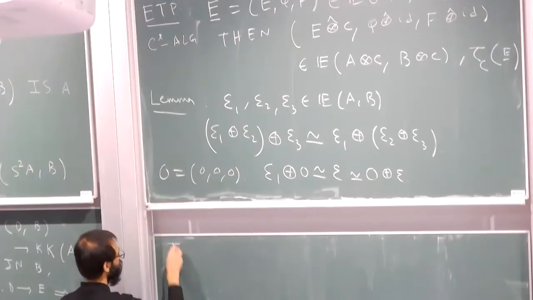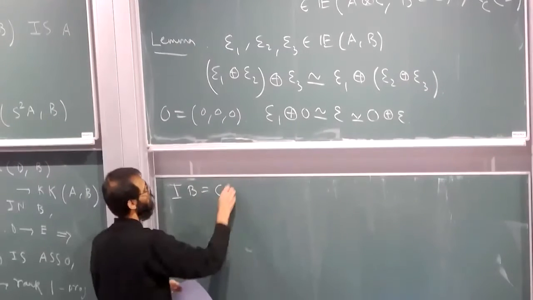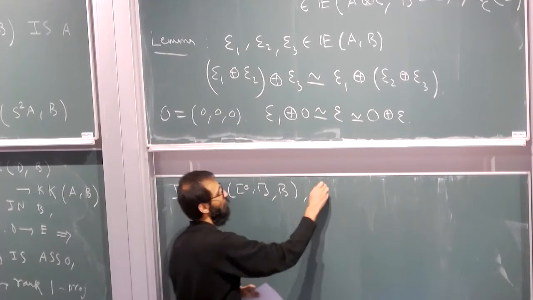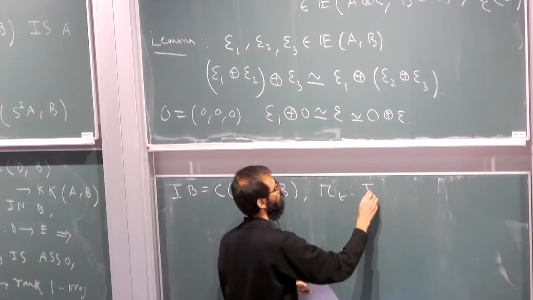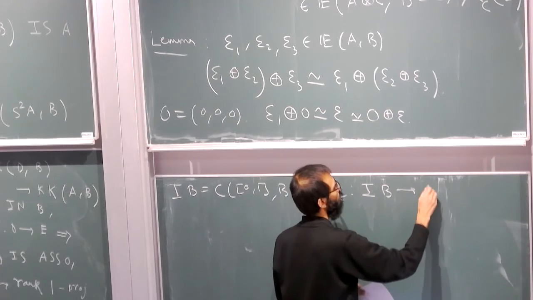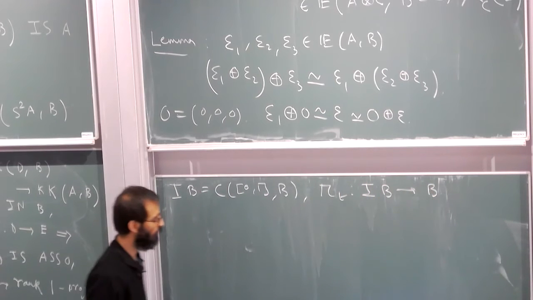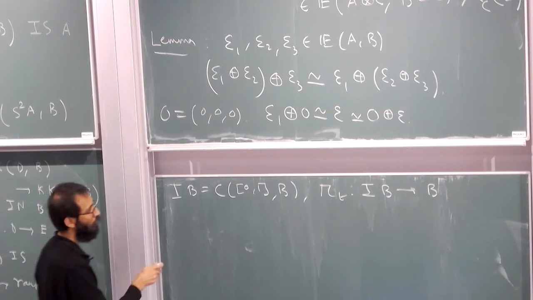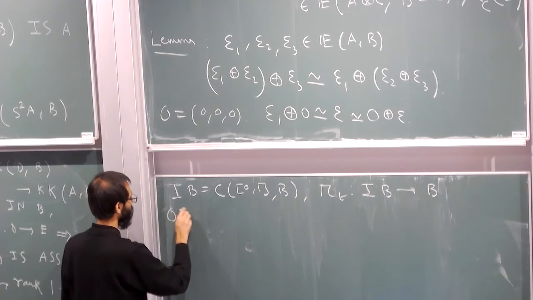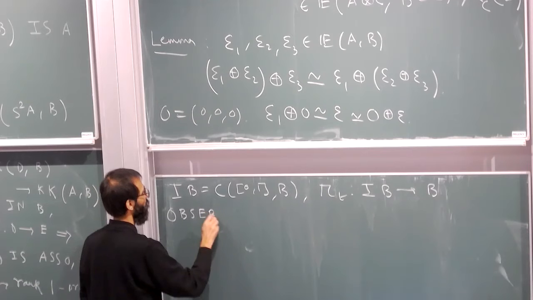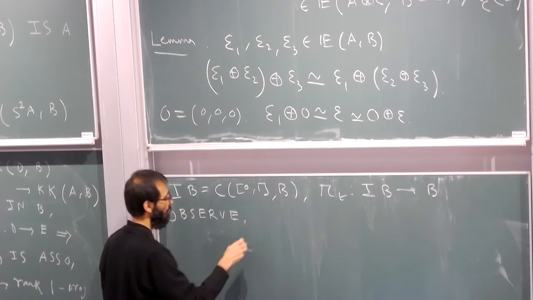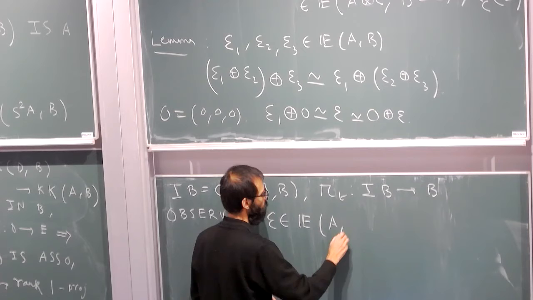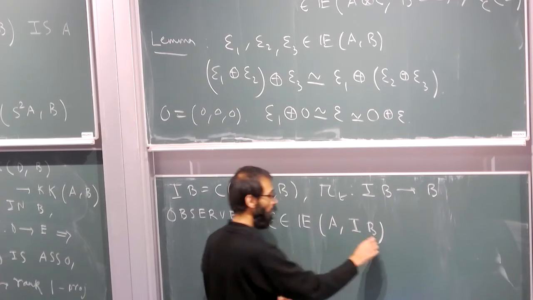So recall IB, and there was also the evaluation at t, which is a surjection from IB to B. So recall the definition of a homotopy.